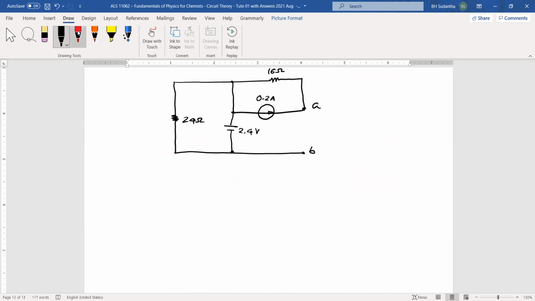Let's try to find RTH. To find RTH, we have to redraw the circuit, removing this current source and short circuiting this voltage source.